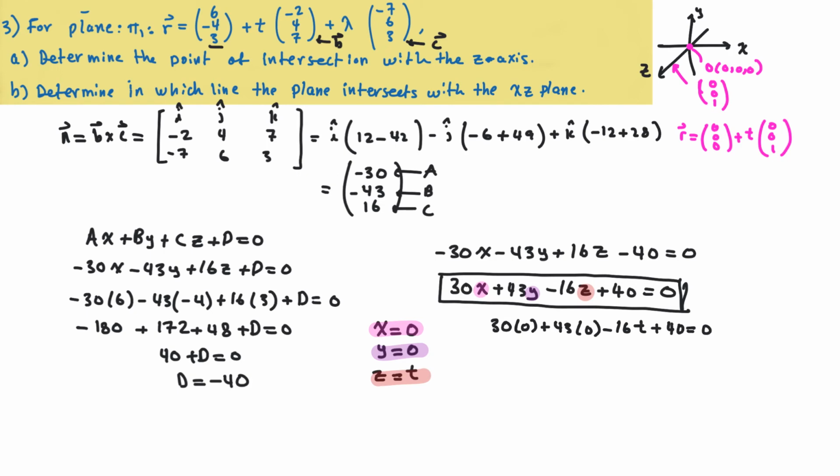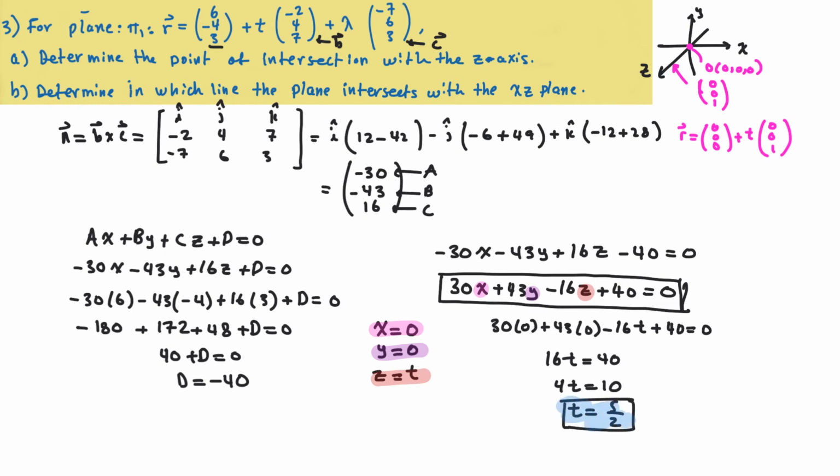So that means I'm going to rearrange and get 16t is equal to 40, and t is equal to, I'm going to divide everything by 4. I will have 4t is equal to 10. T is equal to 10 over 4 or 5 over 2 simplified.